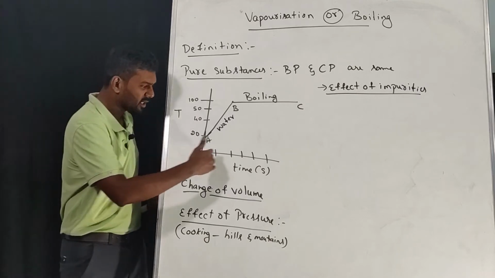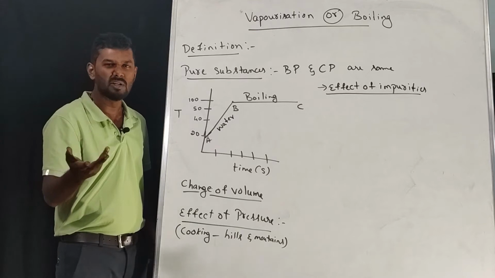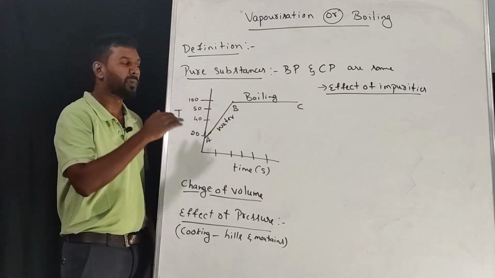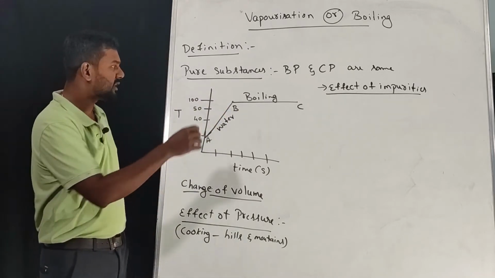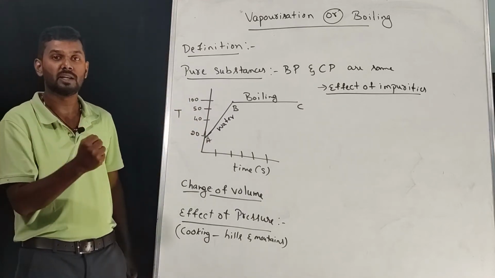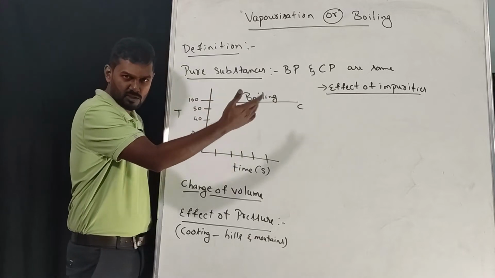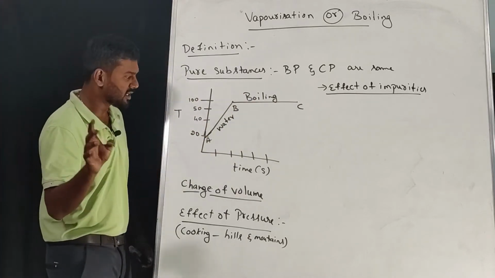If you keep on giving heat energy using a flame or Bunsen burner, it will keep on absorbing the heat energy, but the temperature will not cross 100 degrees Celsius. So even though the temperature doesn't change here, it absorbs heat energy at 100 degrees Celsius.